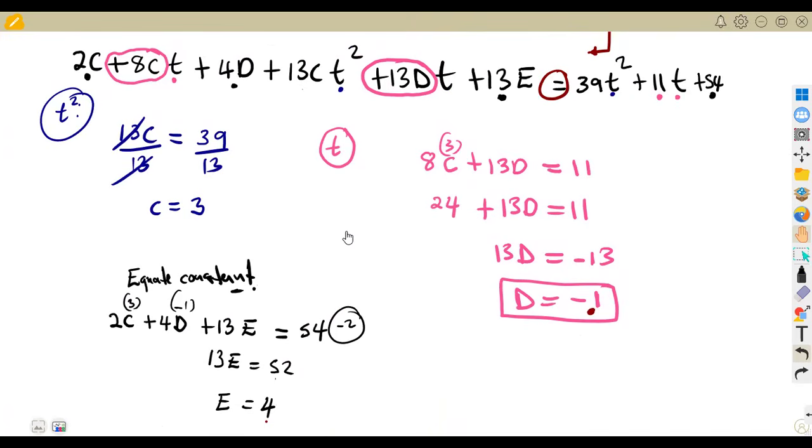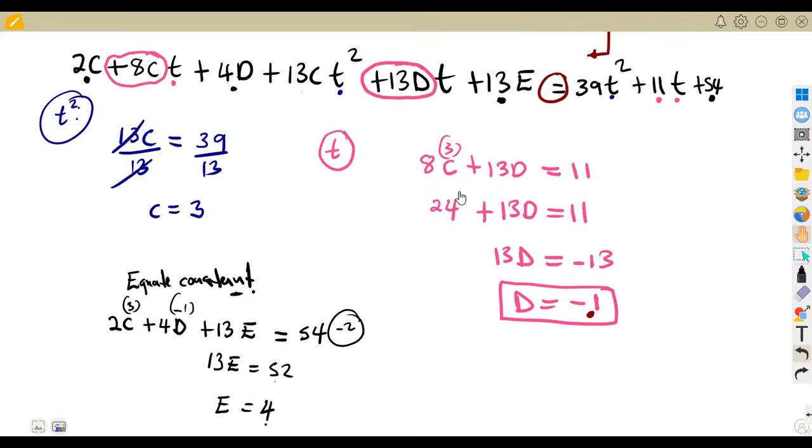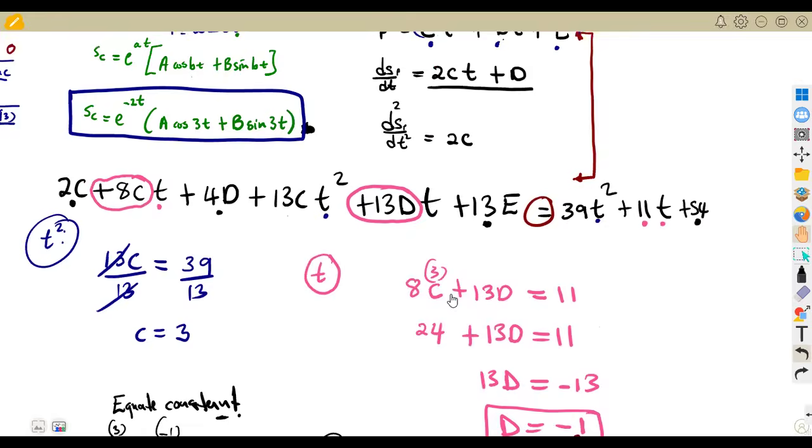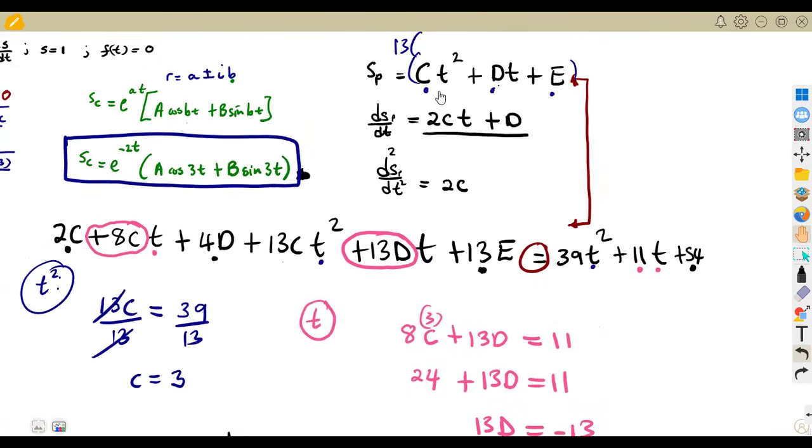And for each and every case, you are supposed to find them. Whether the question is for the particular integral, for the particular solution or for the general solution, you are supposed to determine these ones. It's a default you're supposed to have. And these are the stages that you're supposed to do because you have to substitute them back to the original equation. So you find that SP, you find its derivative, its second derivative.